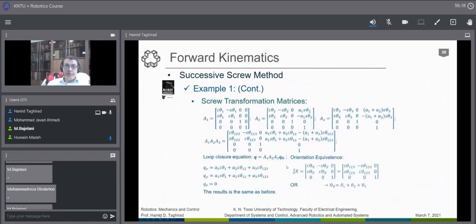If we replace Q0 here with A1 plus A2 plus A3, 0, 0, we can't get A1 cosine theta 1 plus A2 cosine theta 1 2 plus A3 cosine theta 1 2 3.